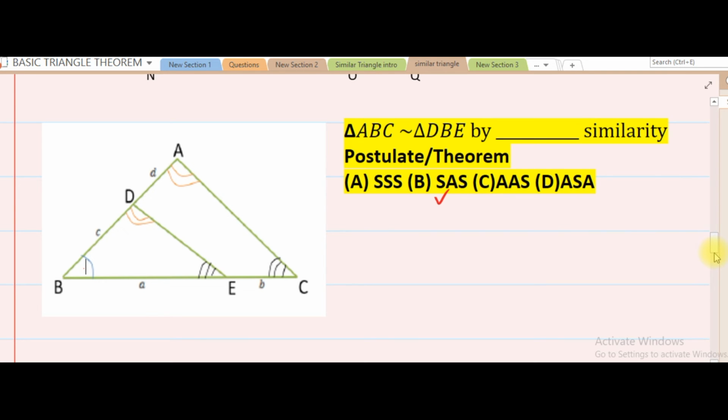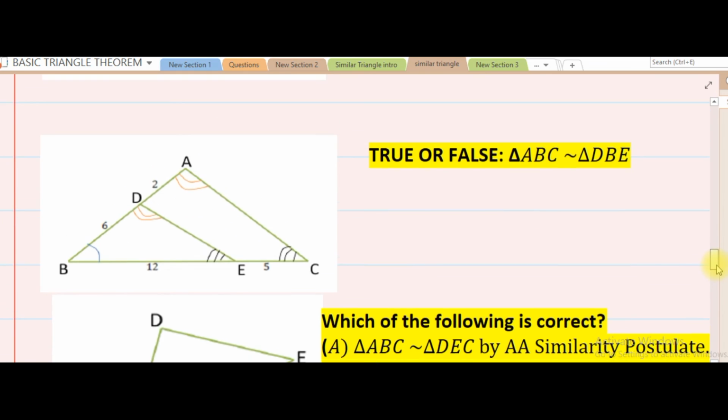The second one, we are asked true or false: triangle ABC is similar to triangle DBE. Here we ask whether they are similar. It's the same triangle as the former one, so we need to check the ratio of the corresponding sides to know whether they are equal. If they are equal, then they are similar.